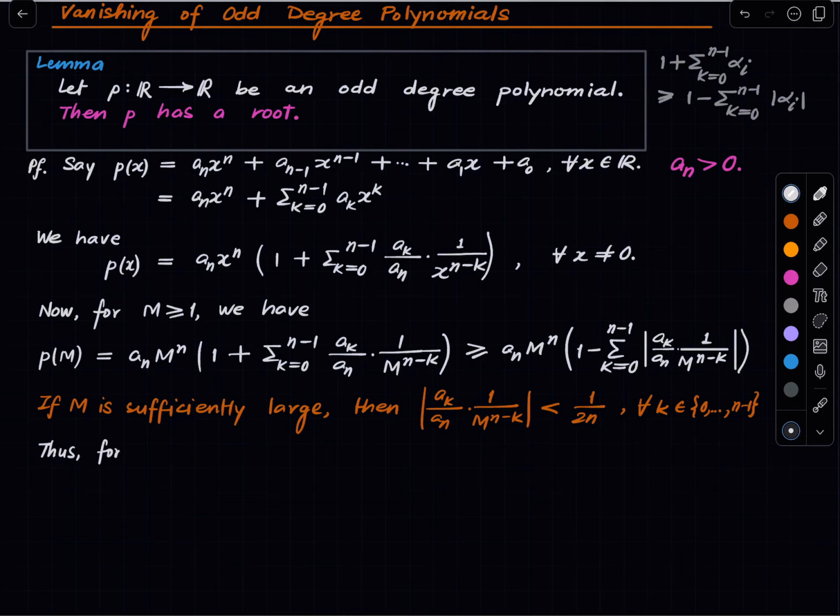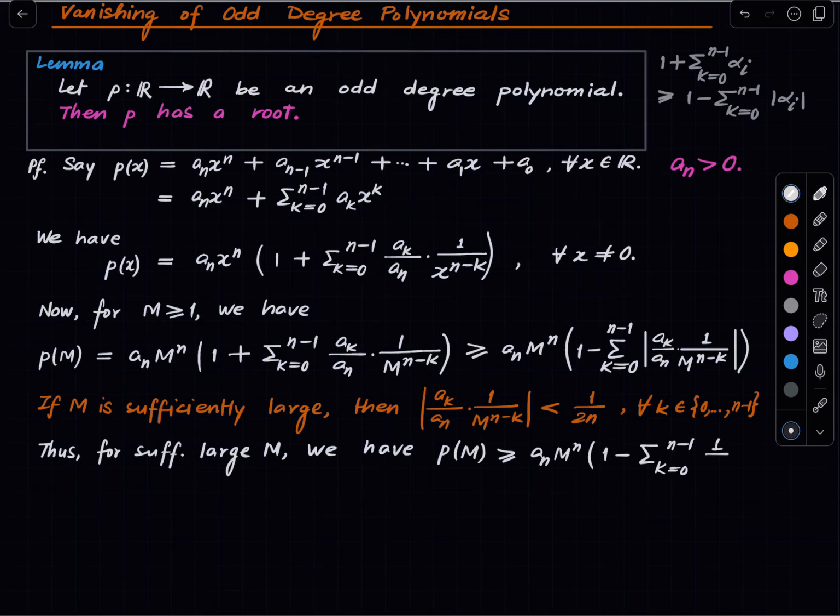Thus for sufficiently large m, we have p(m) is at least this much. Just use this bound on every term. What is this? This is a half, because there are n terms, and every time we are adding 1 by 2n.